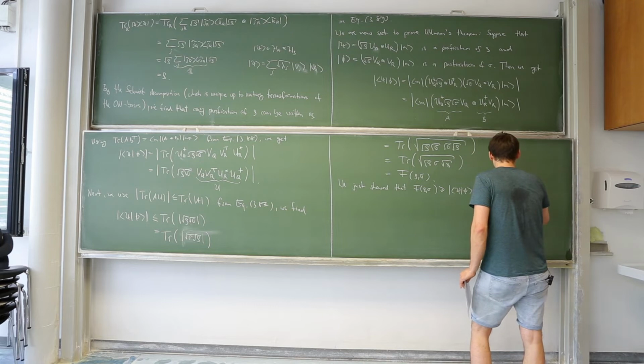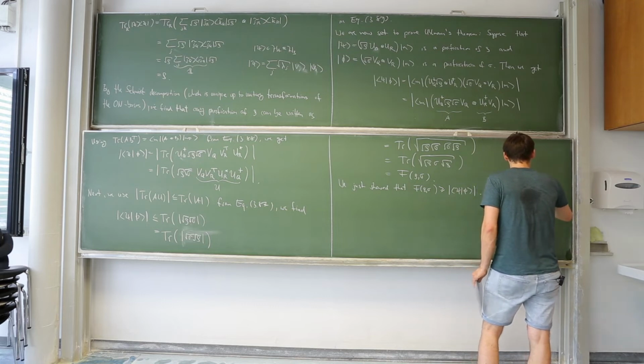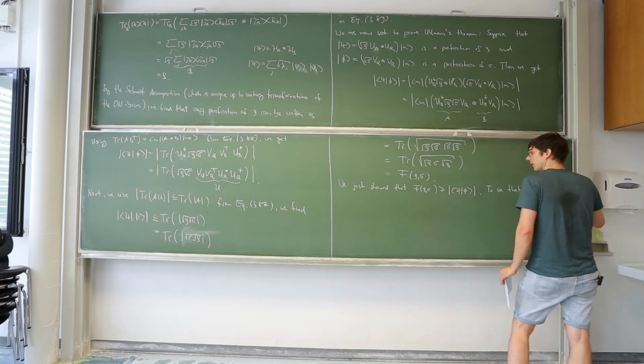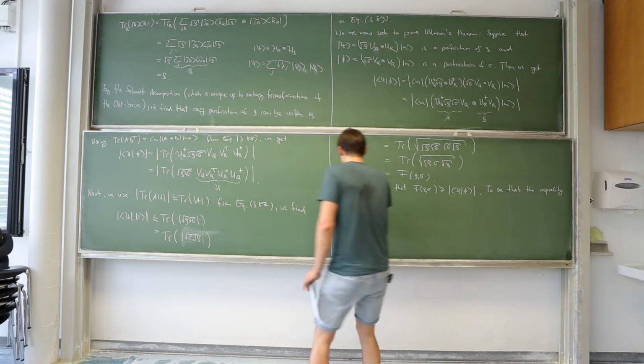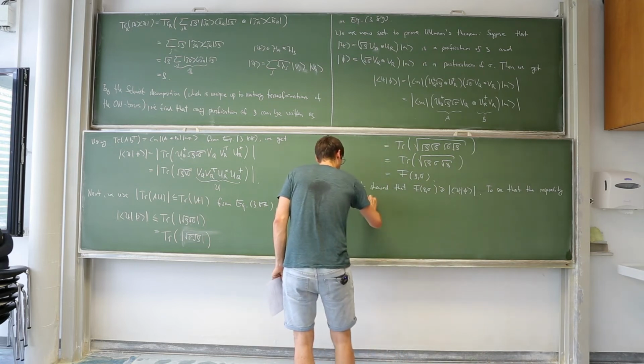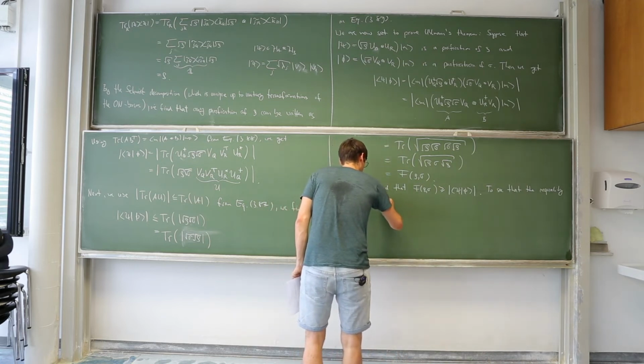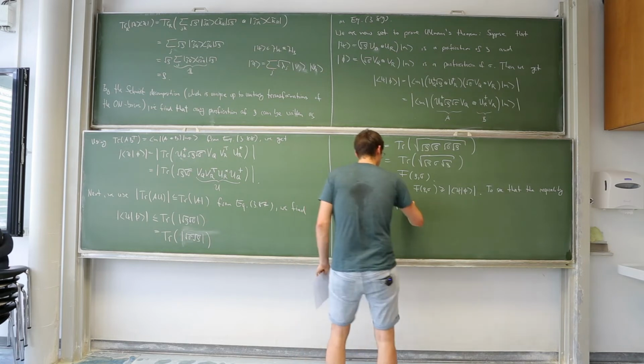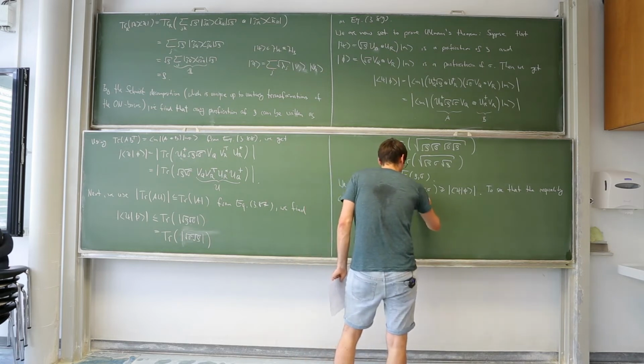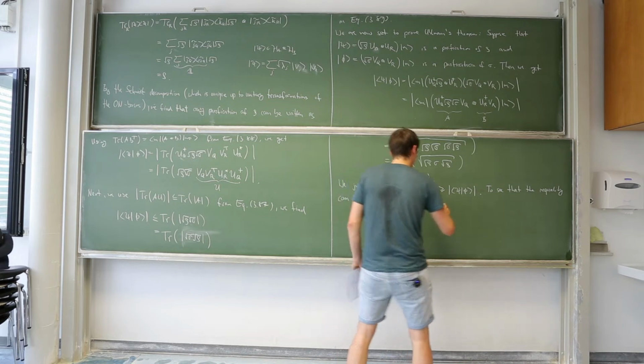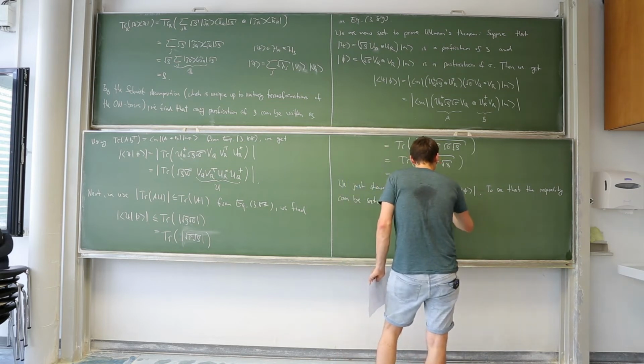to see that the inequality can be saturated, consider the polar decomposition of square root of sigma square root of rho.